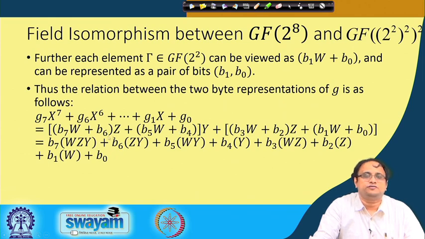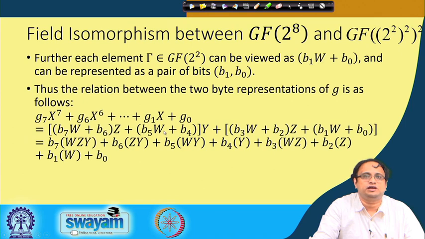Now if you simplify and elaborate this, B7 will be multiplied with w, z and y, so you will get w, z, y here. Likewise, for B6 you will get z multiplied with y, so it is z, y here.